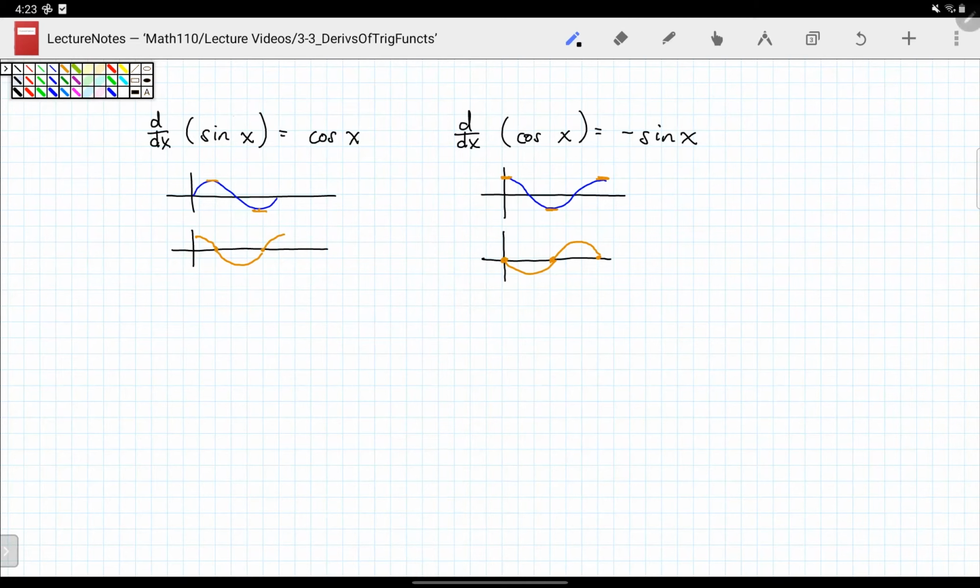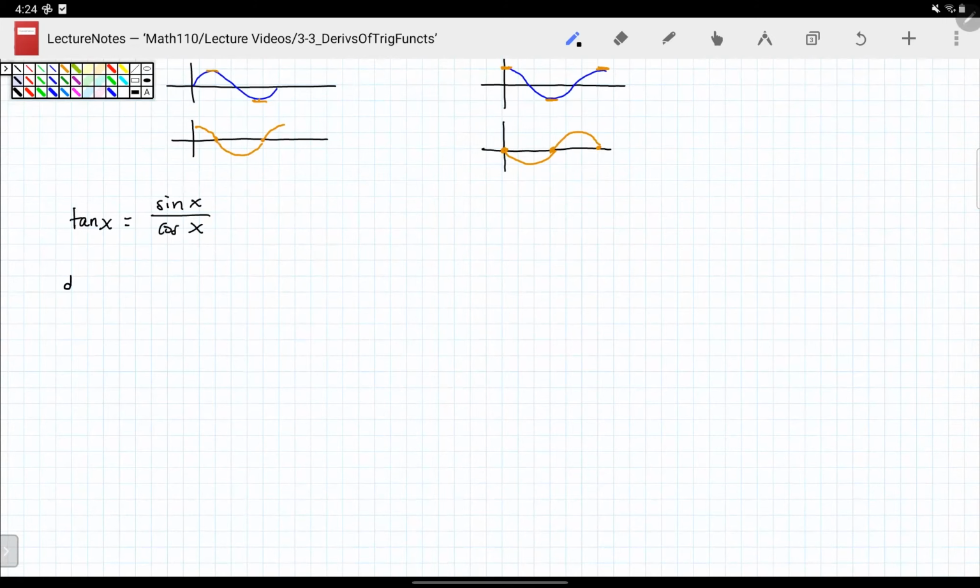All right. So now, how do we calculate the derivative of tangent? Well, tangent is a quotient of sine and cosine. So that tells me that the derivative of tangent of x is the derivative of that quotient. And when we calculate that derivative, we use the quotient rule.